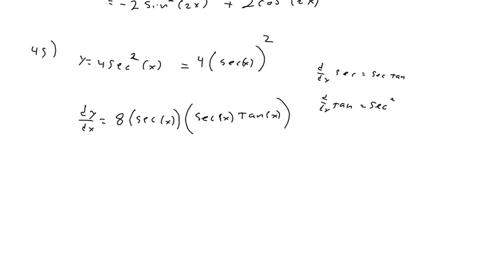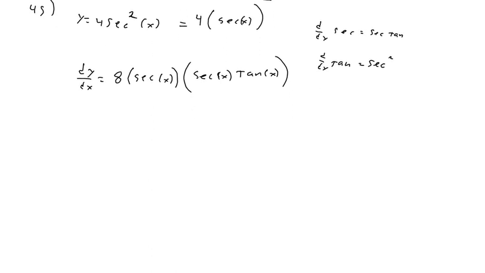And so that's our derivative, right? We did the derivative of the outside, multiplied the 2, brought it in front, times the derivative of the inside. Now I could do a little simplifying here. My two secants multiply together: 8 times secant squared of x tangent of x. I could do that.